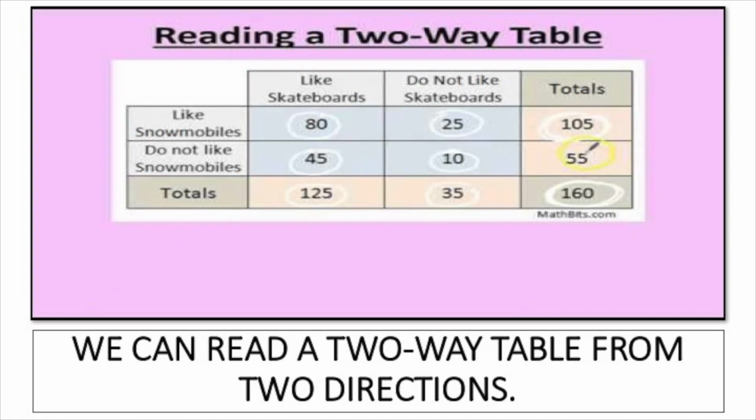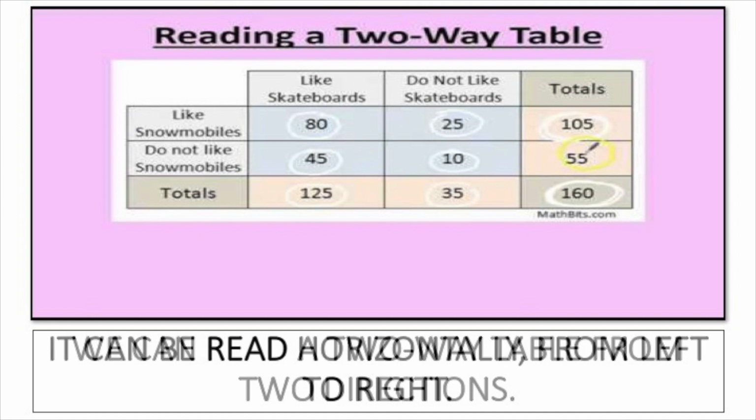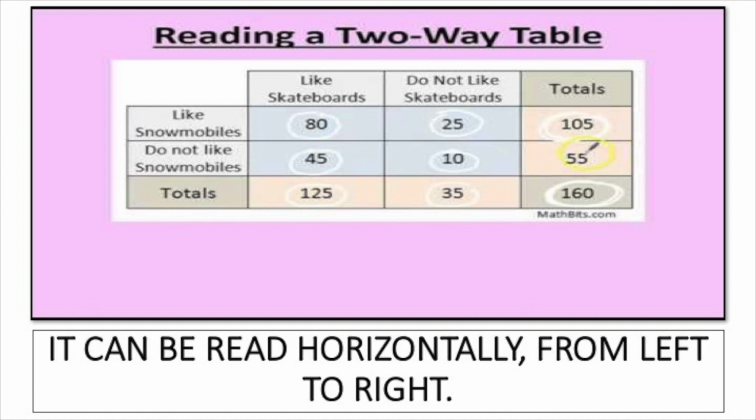We can read a two-way table from 2 directions. It can be read horizontally, from left to right. Like for example here, we have information going from left to right. Like snowmobiles, or do not like snowmobiles.